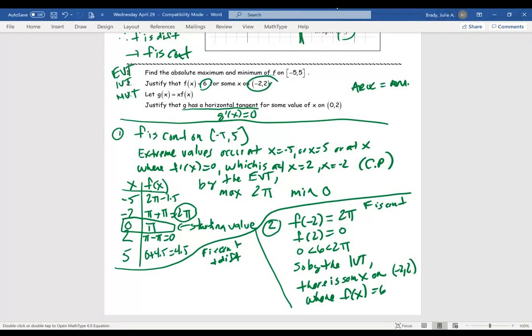So we need g of 2, which is 2 times f of 2, which is 0, so that's 0. And g of 0 is 0 times f of 0, which is 0. So g of 2 minus g of 0 over 2 minus 0 is 0.